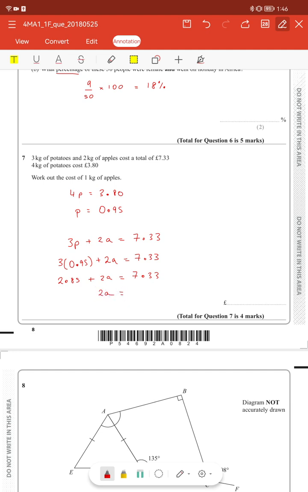So our 2 apples would be £4.48. So our 1 kilo of apples would be £2.24.